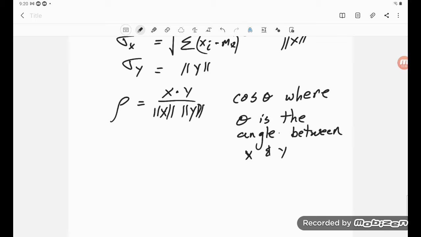And so if the correlation coefficient is 0, then that would kind of imply that somehow the angle between these data was 0, and if it's 1 or -1, the angle's more like pi over 2 or negative pi over 2. So that's just kind of an interesting geometric interpretation of the correlation coefficient.